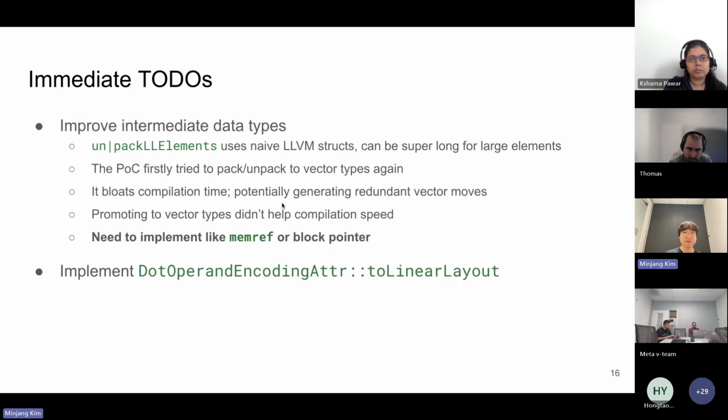I was able to promote the vector type, but it didn't actually help. So I think we need to implement something like a memref, or a block pointer, instead of the LLVM struct. That's one kind of blocking issue right now. Another issue is that we need to fully implement some linear layout stuff, the data operator.